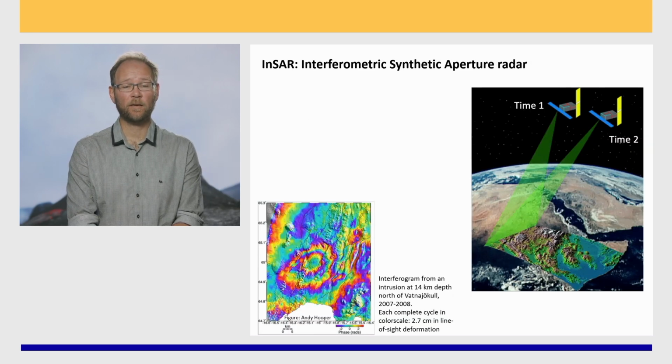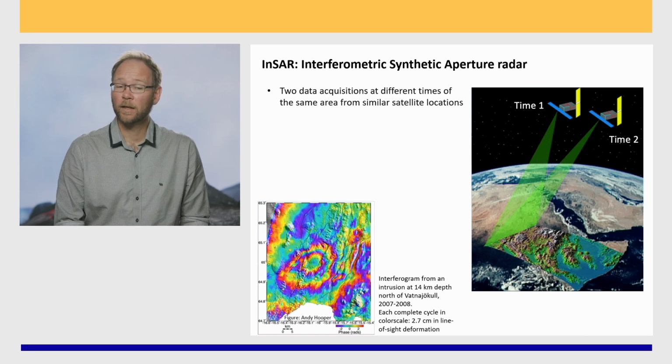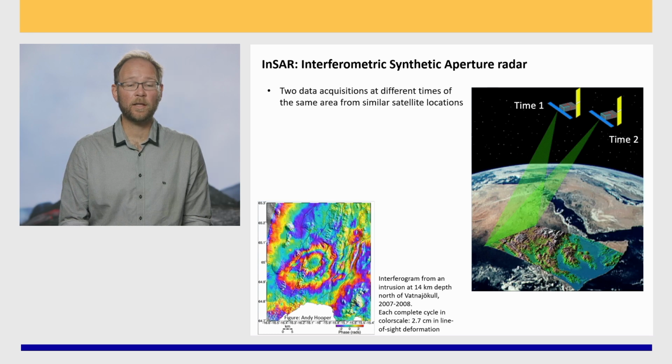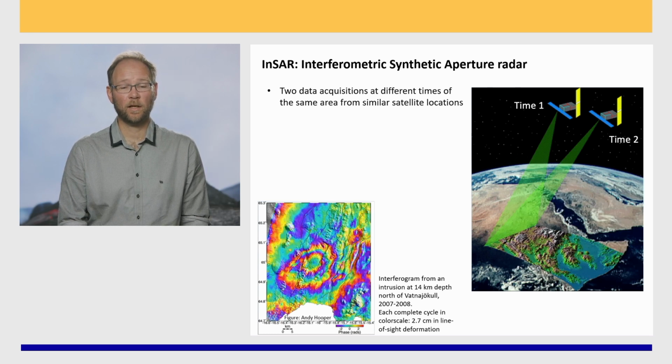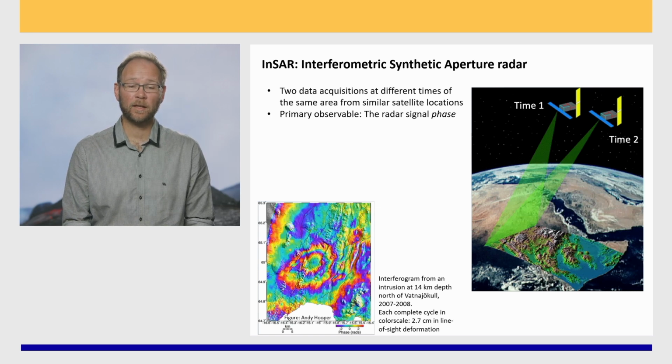InSAR, interferometric synthetic aperture radar. The principle here is that two data acquisitions at different times are taken from similar, or as similar as possible, locations of the satellite. The primary observable here is the radar signal phase.